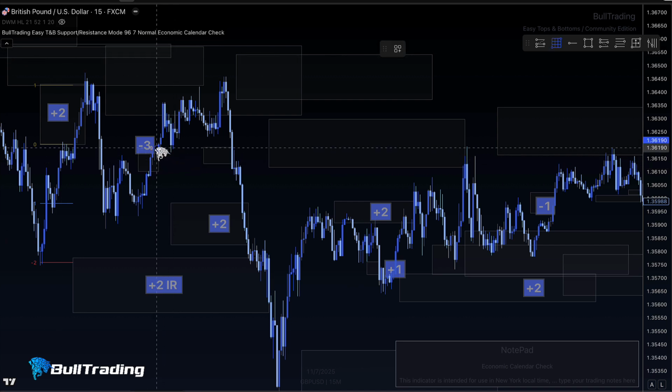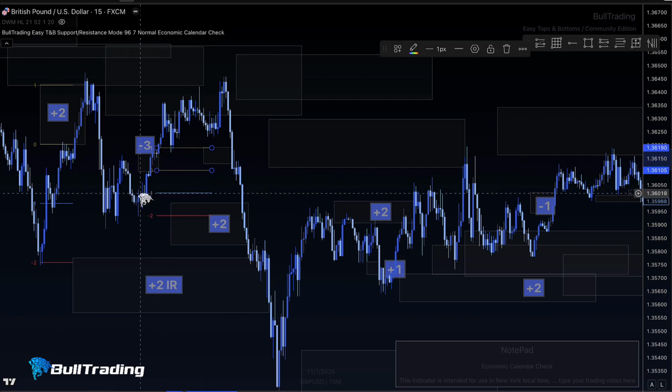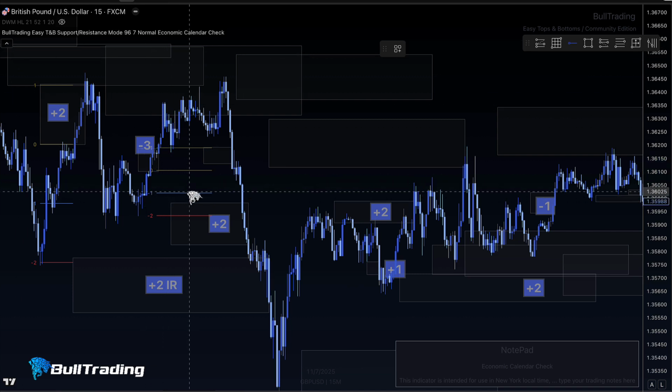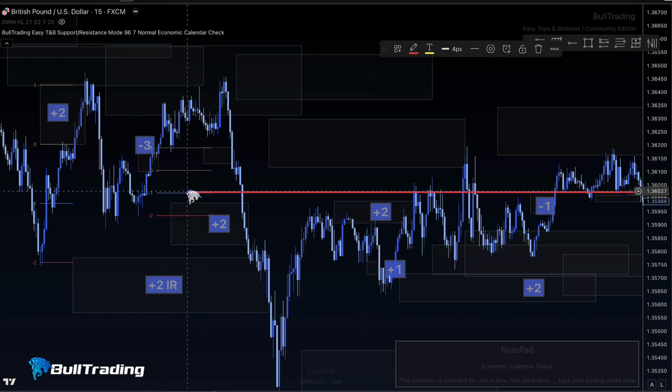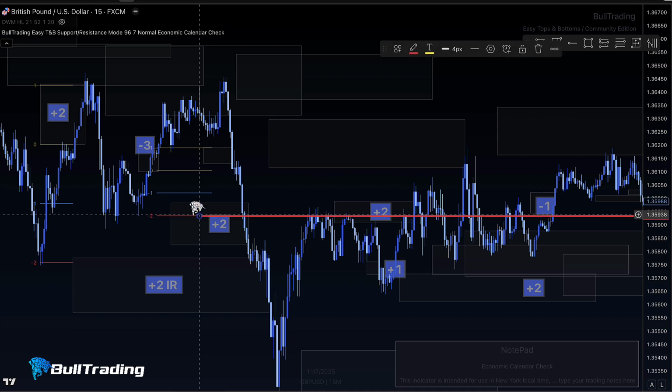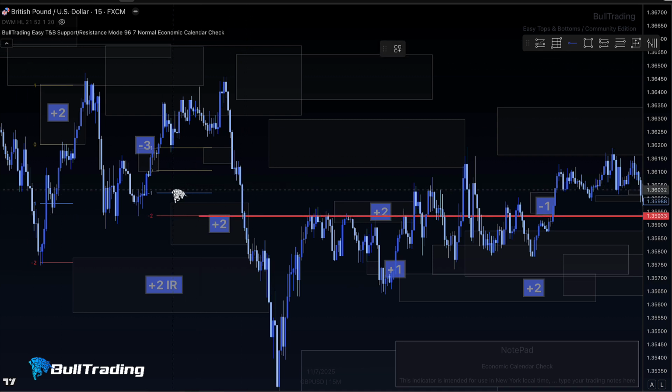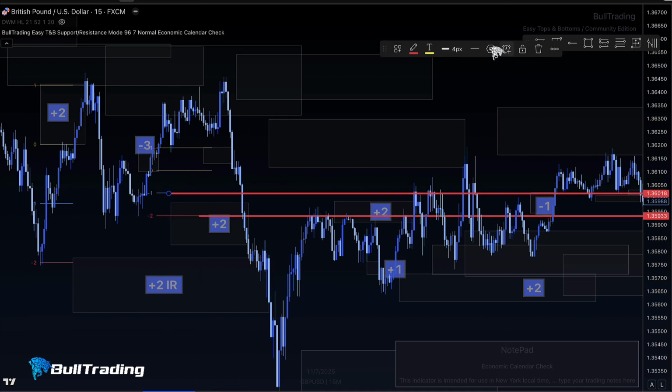Well, it's very simple. If price breaks up, then I will go long here with a stop here. So the long level will be this, okay? But it took us to stop loss.